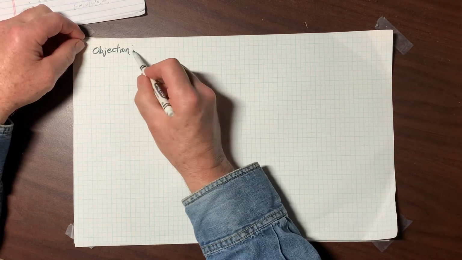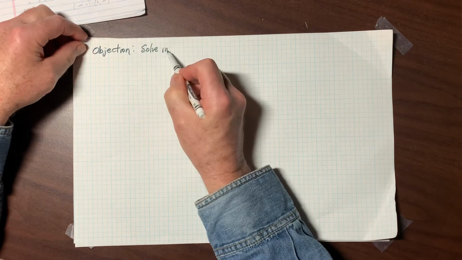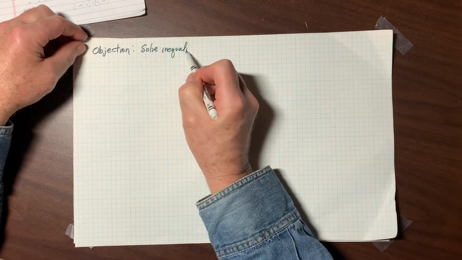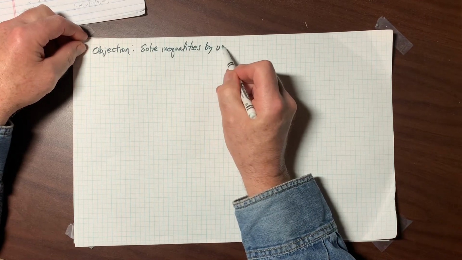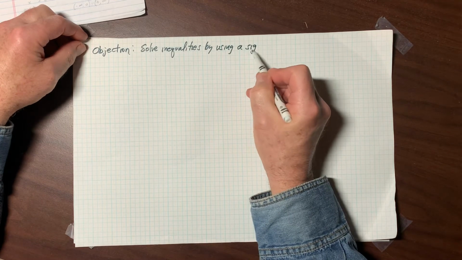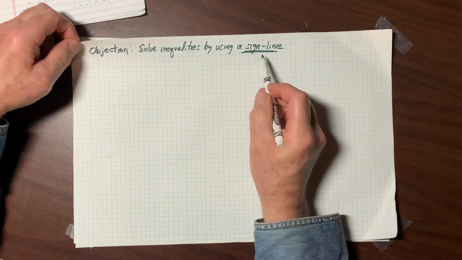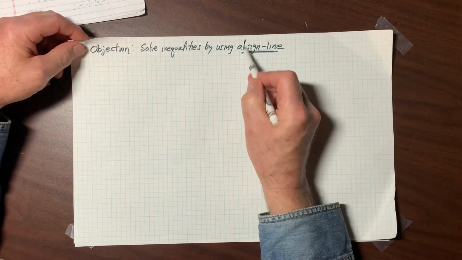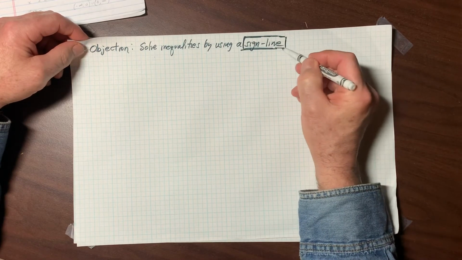So we're going to solve inequalities. We're going to solve inequalities by using a sign line. So this is the objective right here. When we're done with this, everybody will know how to use a sign line.